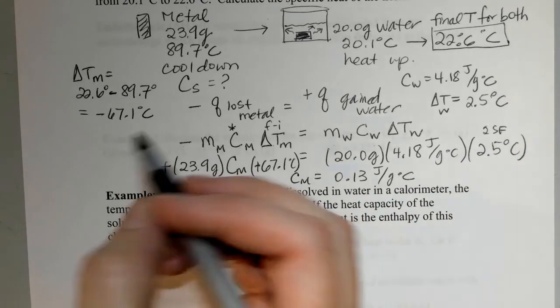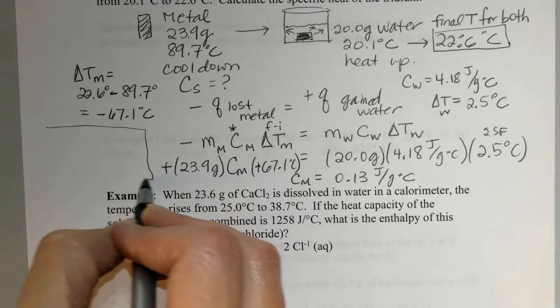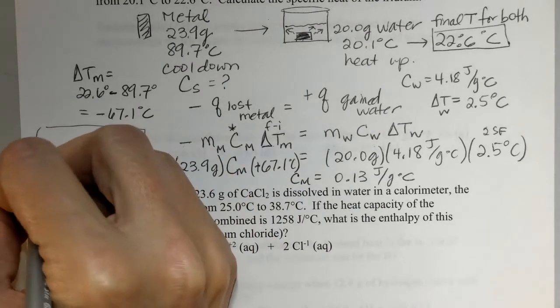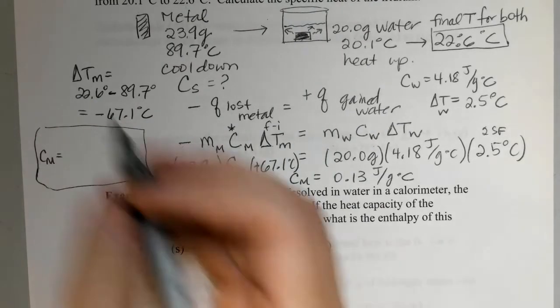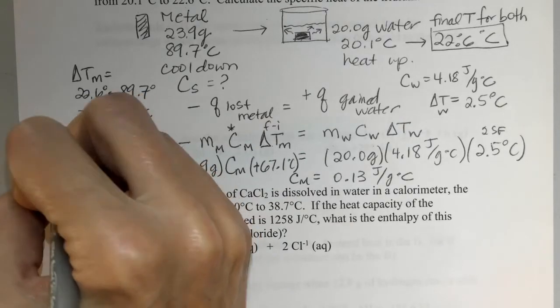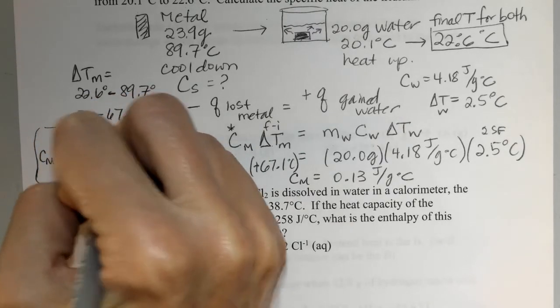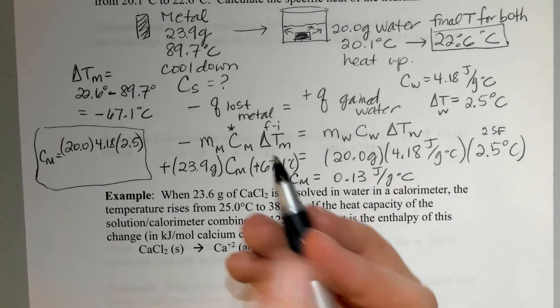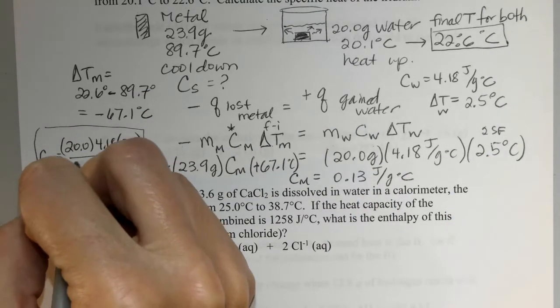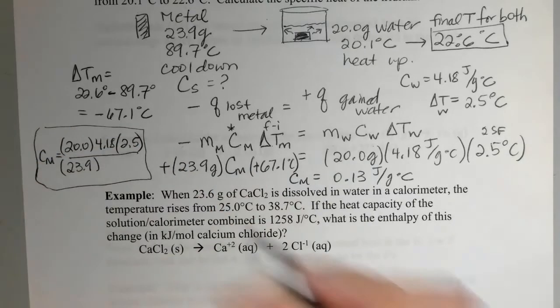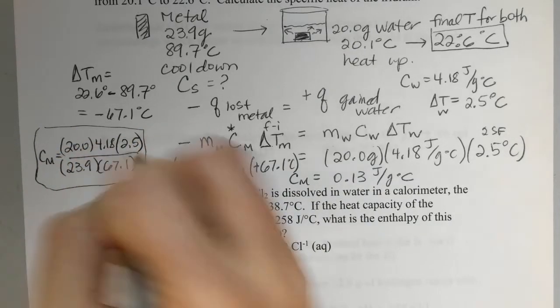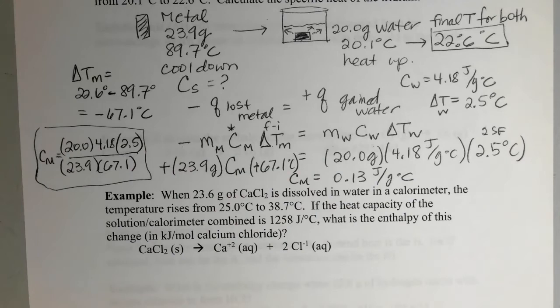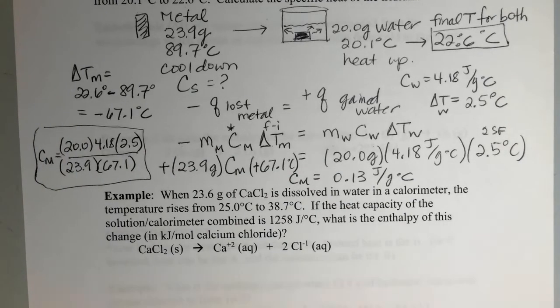All right, so let me just show you over here really quick how I set that up. So the heat capacity for the metal was the 20.0 times the 4.18 times the 2.5. So taking those three things multiplied together, then dividing both sides by the 23.9 and the 67.1. And that's where I got an answer of 0.13 joule per gram degree Celsius.